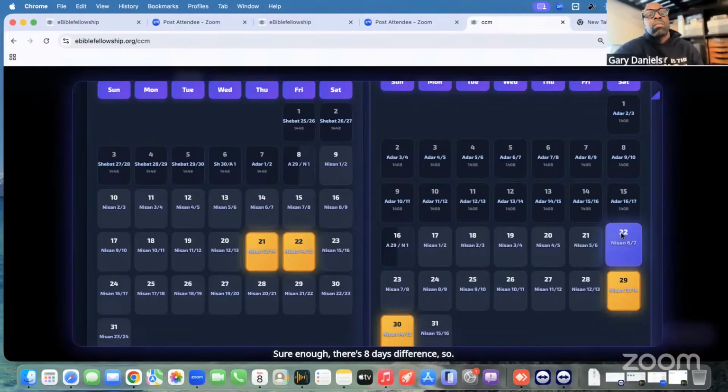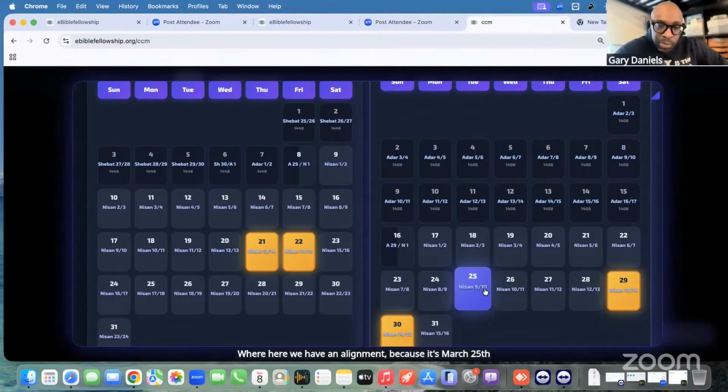So if they lodged at Jordan right here, that's the first day, second day, third day. The Bible says they crossed over Jordan on the 10th of the first month. Here we have an alignment because it's March 25th and it happens to be the 10th of the month. So far it's working out.